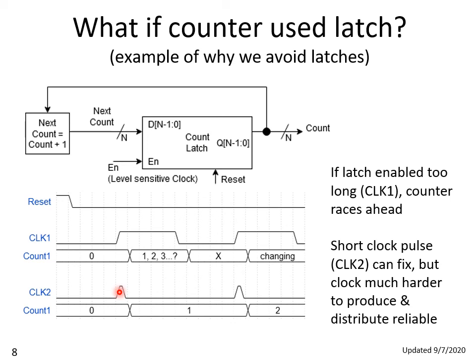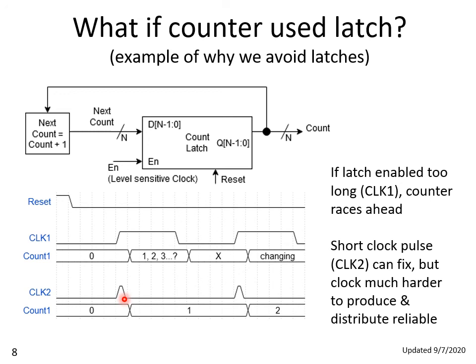Like I say, it's hard to produce short pulses like this, and on a large chip with an extensive clock distribution network, the parasitics of the wires will cause the pulses to stretch and distort, and it becomes difficult to reliably feed a very short and necessarily fast rise and fall time signal throughout the circuit.